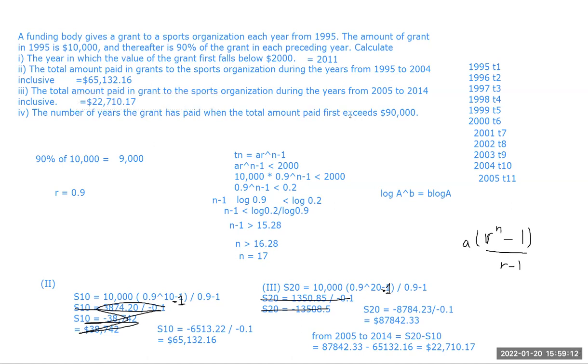All right. So how are you gonna find now the number of years that it took to pay 90,000?